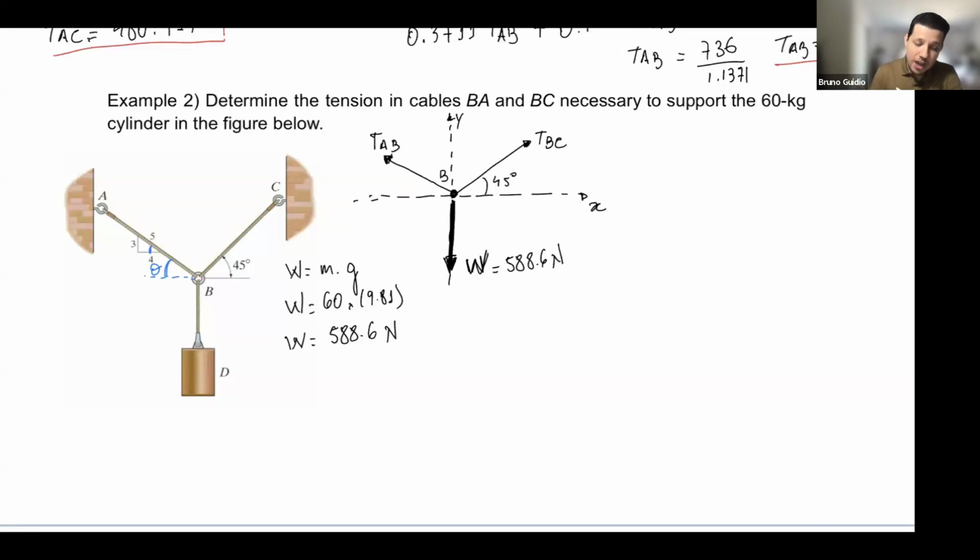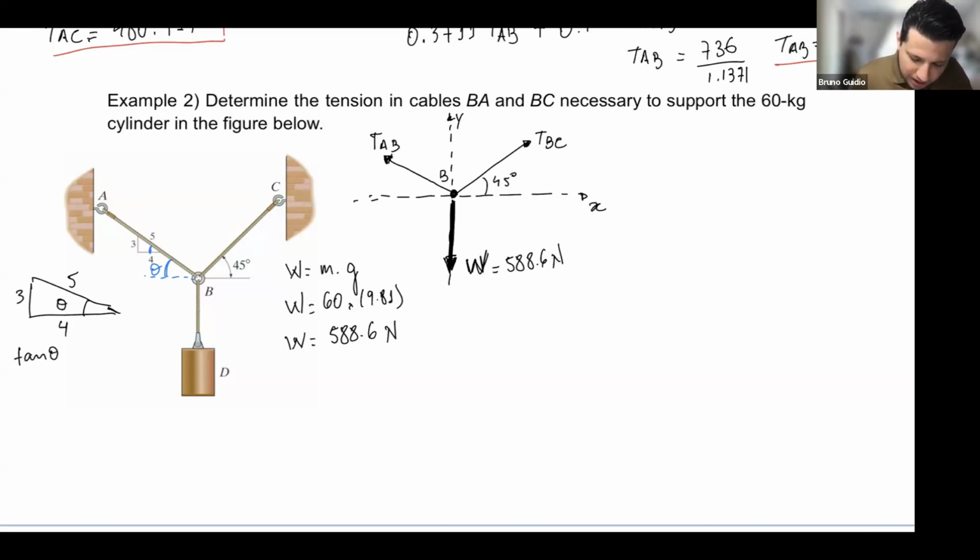Now, let's find the angle or the sine and cosine. If we have the triangle which is well known, 3, 4, 5, we're trying to find this angle. Once again, you can find this angle using tangent. It's going to be 3 over 4.